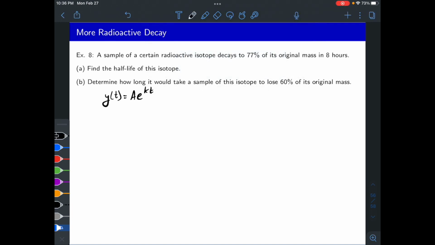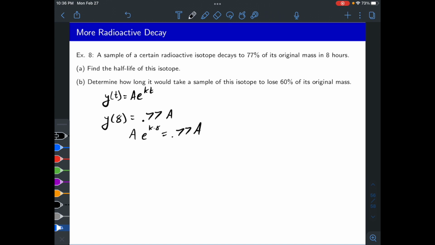All right. So what is it telling us? In 8 hours, it decays to 77% of its original mass. So 77% of its original mass would just be 0.77 times a. So we get a times e to the k times 8 is equal to 0.77 times a.